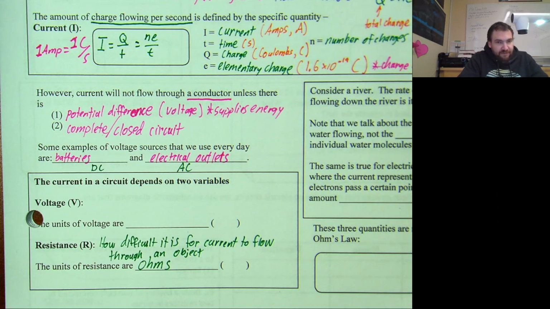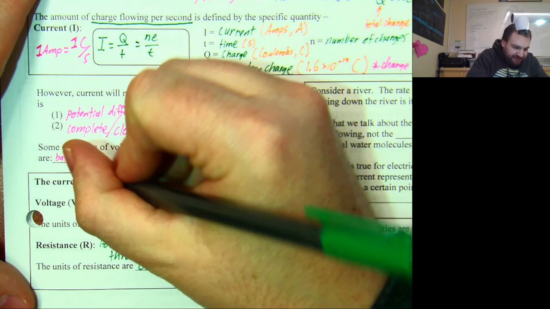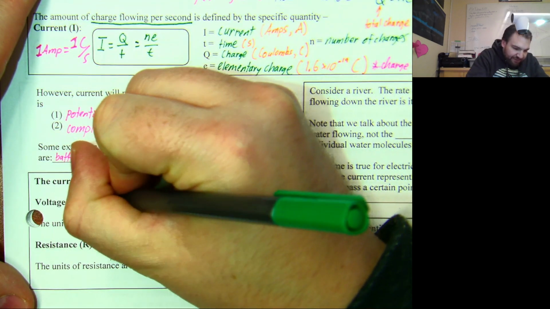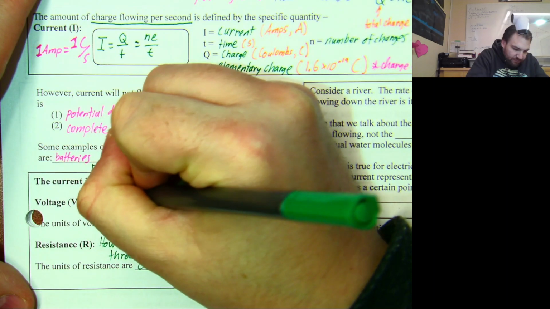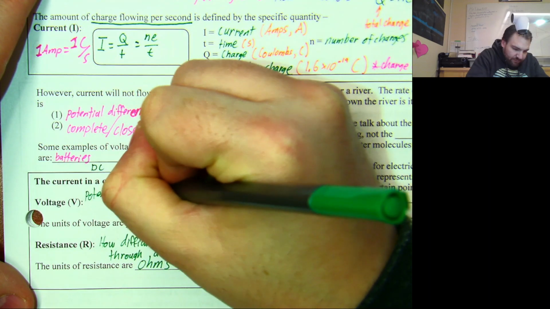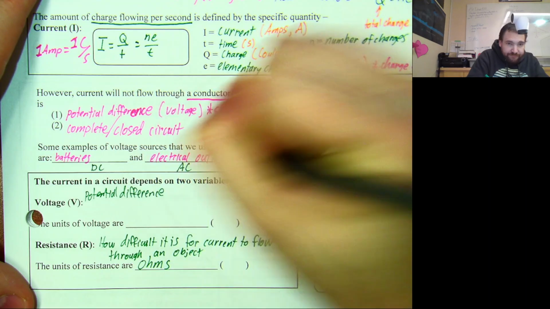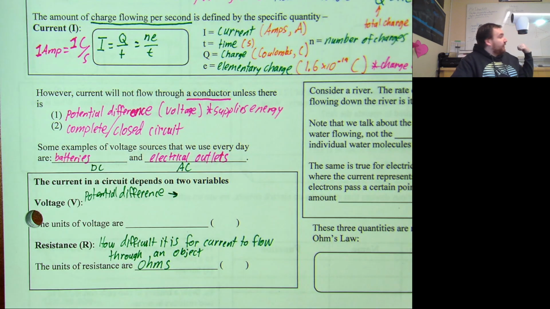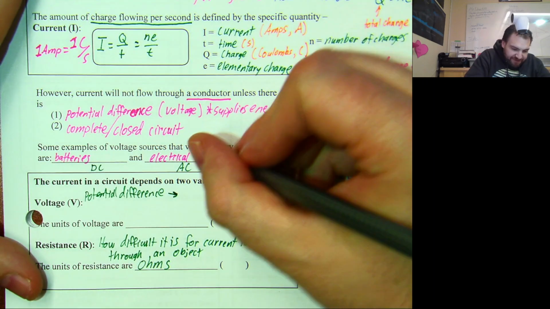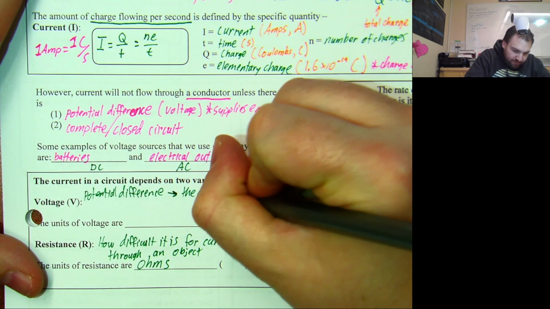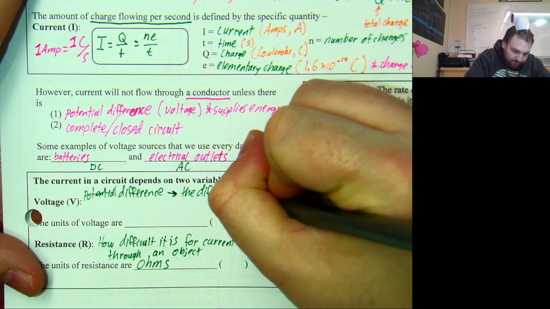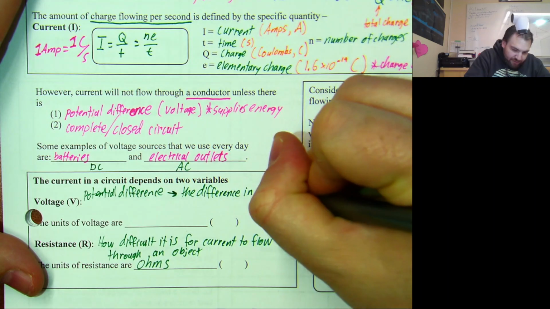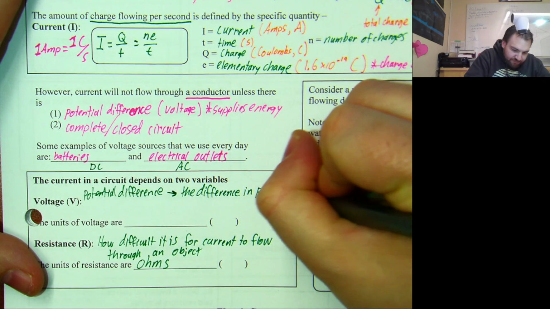So that's resistance. Voltage, we already said. Voltage is a potential difference. Which I'm just going to formalize what I said on the board before. It's the difference in potential energy.